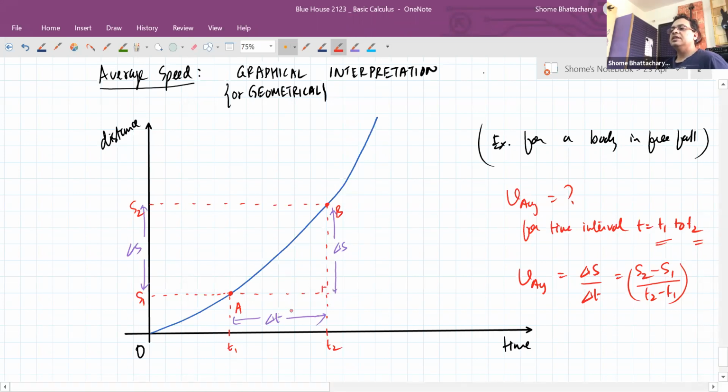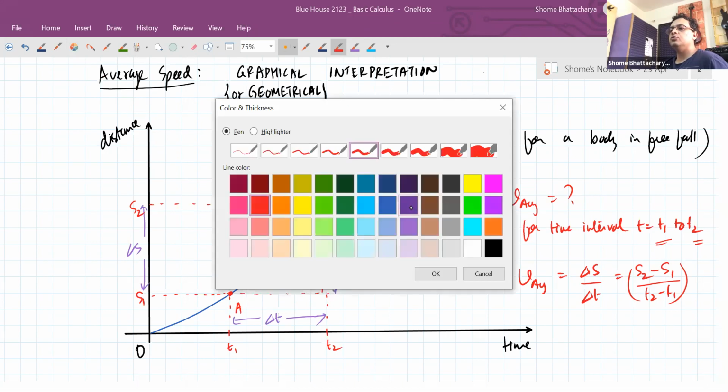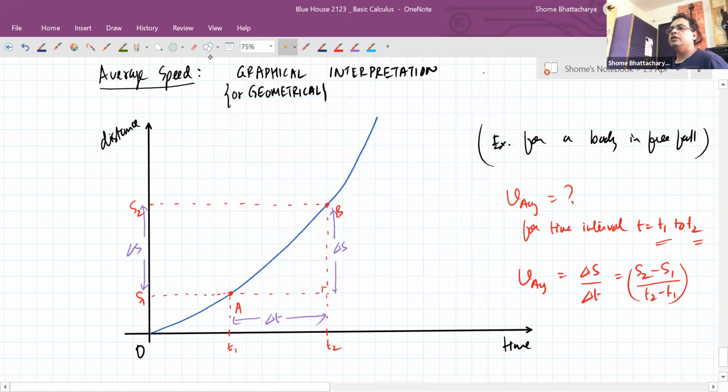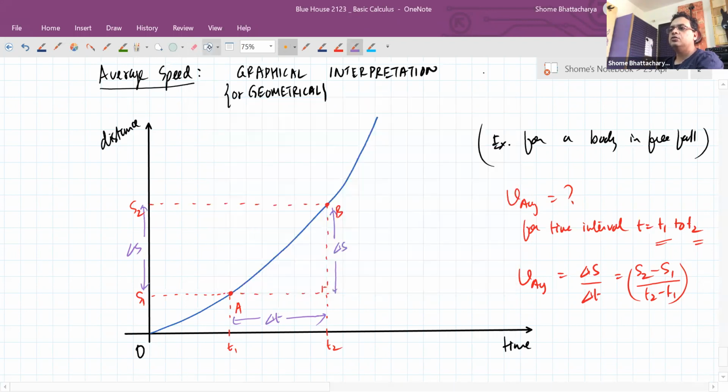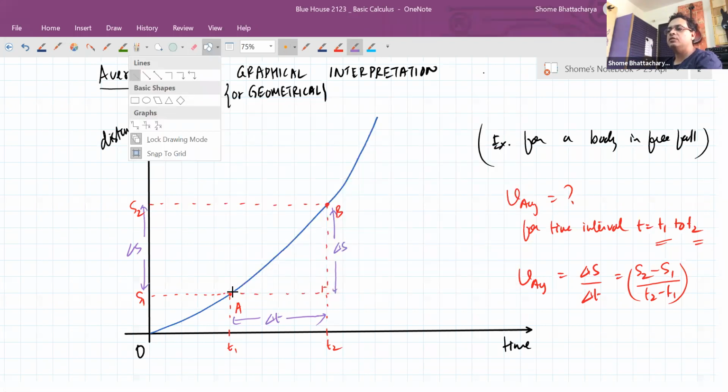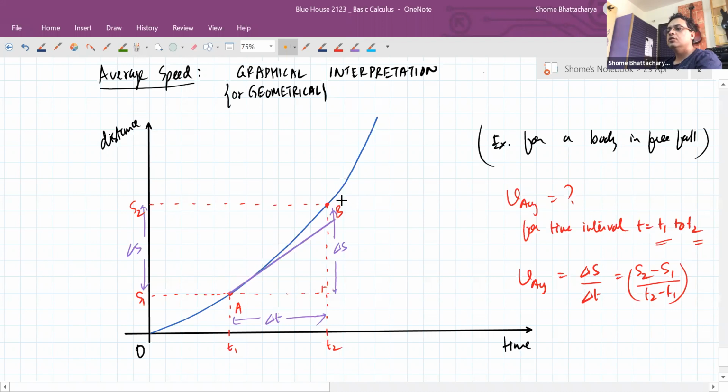So you can see that this delta s by delta t is a sort of slope, but right now we are not seeing any straight line. So we have to draw a straight line joining these 2 points. So if we draw a straight line joining these 2 distinct points A and B, then it will represent the slope of that straight line. And that kind of straight line is given a specific name, and that name is that it's called the secant line. For most of you, might not have heard the term secant line before.